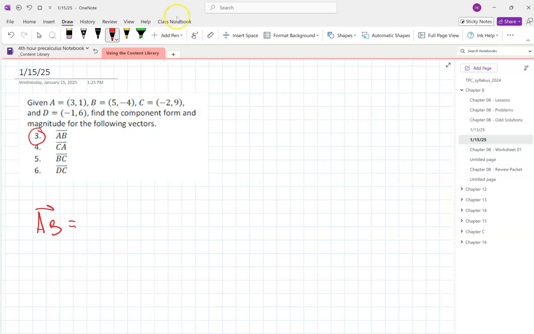Who remembers how to do this? What's the formula? X2 minus X1. Yeah, it's head minus tail, right?